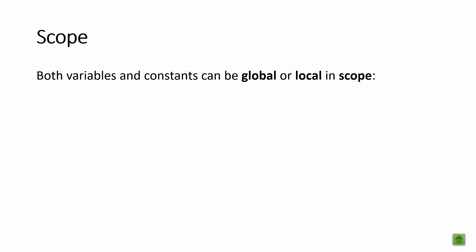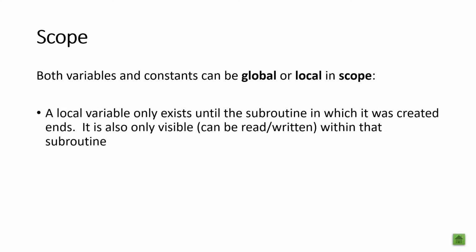Scope, two types, local and global scope. You'll probably get asked on an algorithm where it is. So you'll be asked to tell us what line number is local, what line number is global, that kind of stuff. A local variable only exists until the subroutine finishes.